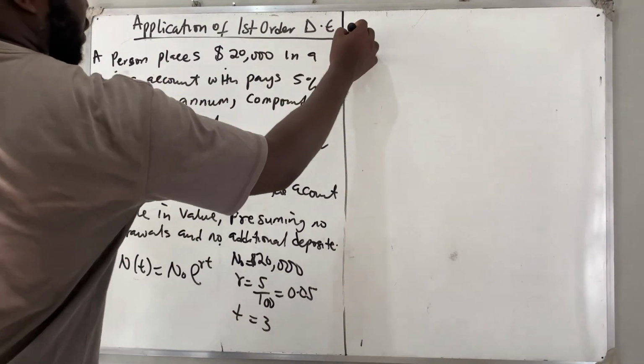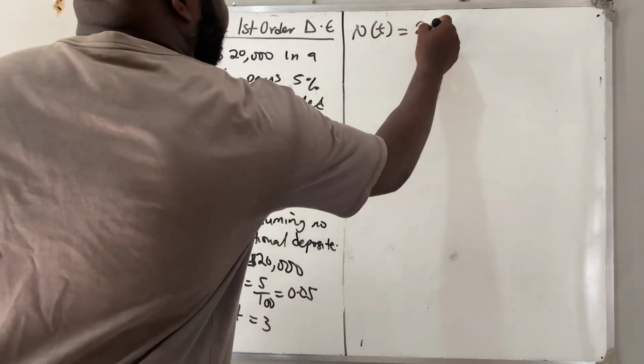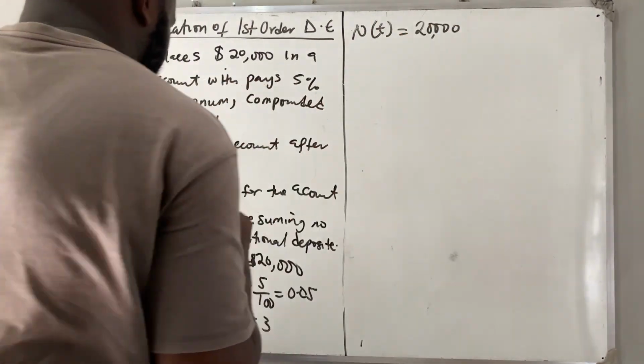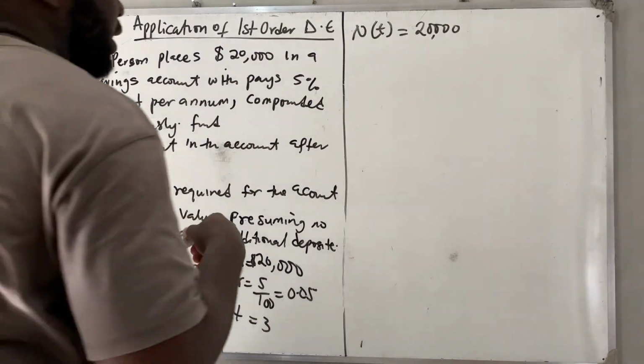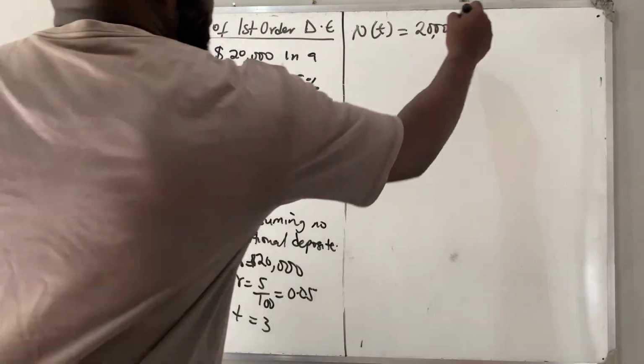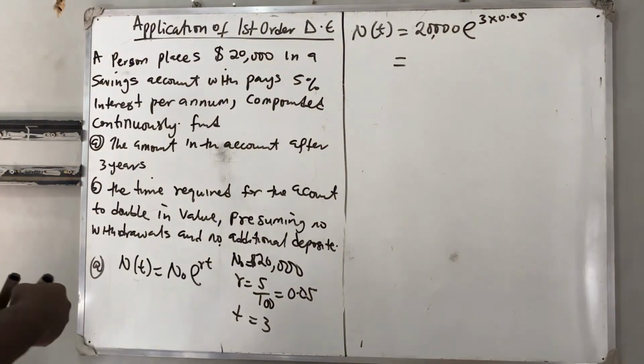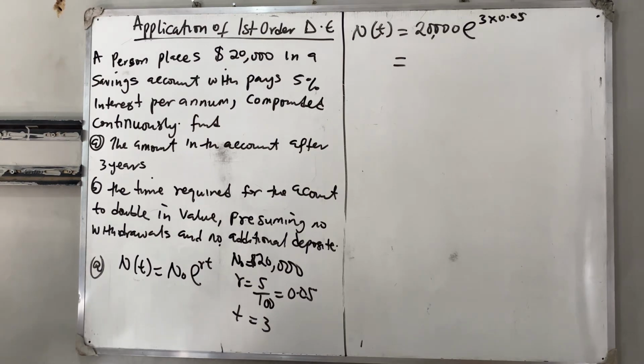So you now have that the current amount will give us 20,000 exponential, 3 times 0.05. I'm not with my calculator here.